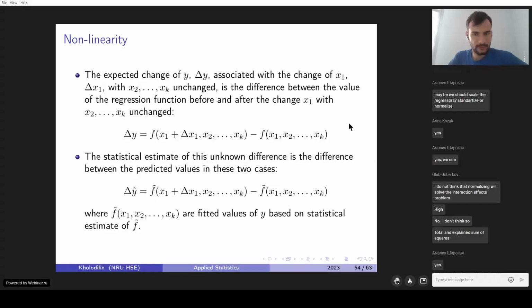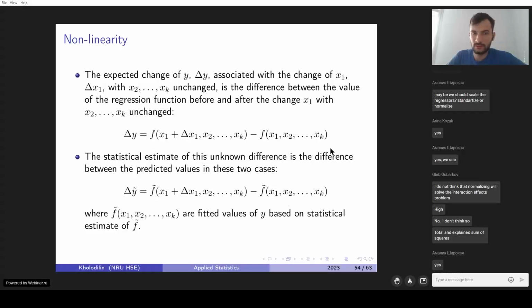A bit more about the meaning of such estimation: if you slightly change one regressor, x1, leaving the rest of the parameters fixed, that's the difference in the function.